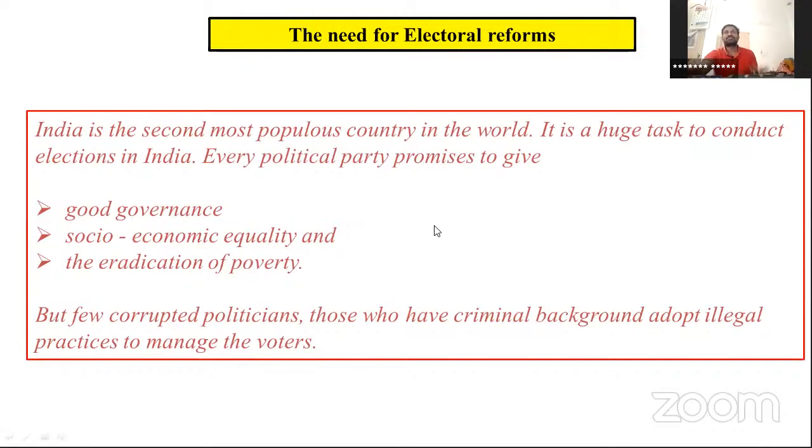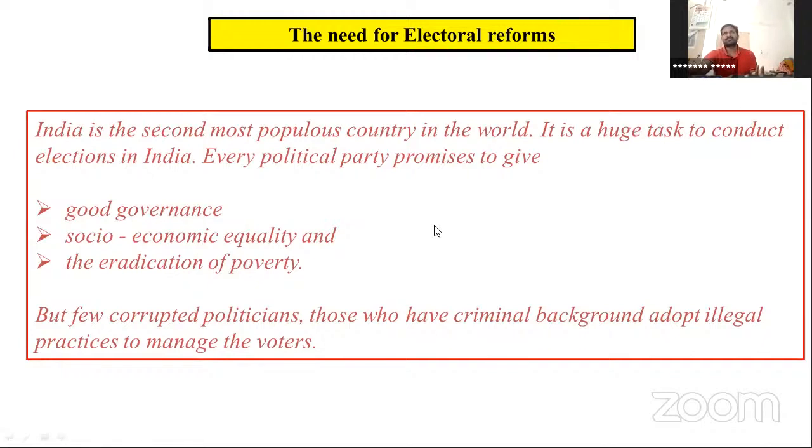For example, we introduced globalization. In this way, our Indian constitution is also amended from time to time. Still, 104 times our Indian constitution was amended by the parliament. So everything will change.